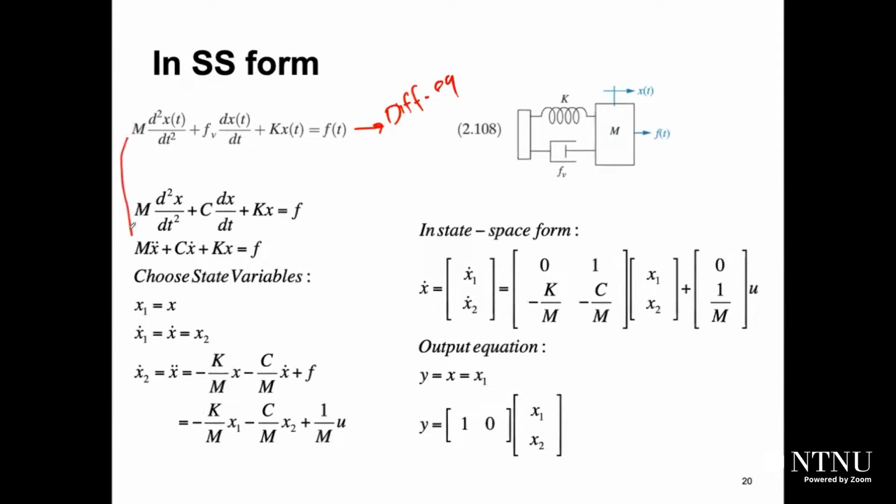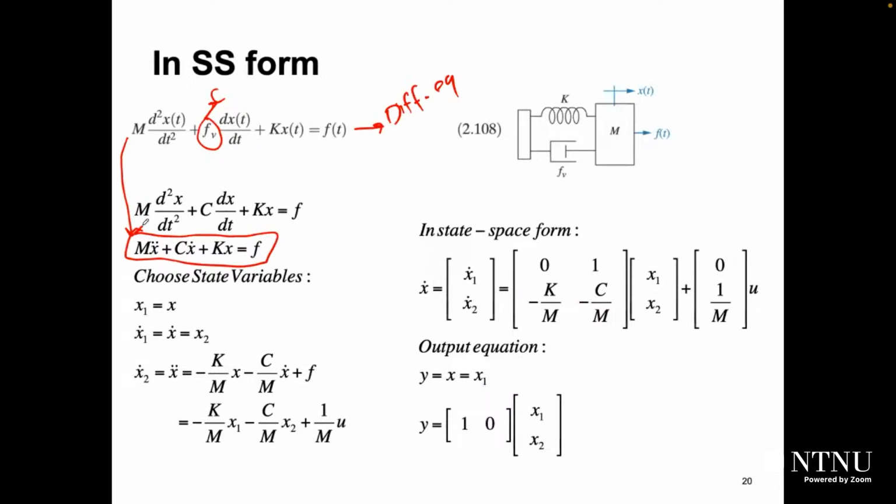So it will be mx double dot plus cx dot, where I will call fv as c to make it simple, plus kx. Just remember that fv is replaced here by c, just to make it easy for writing. So now our differential equation will be like this one.